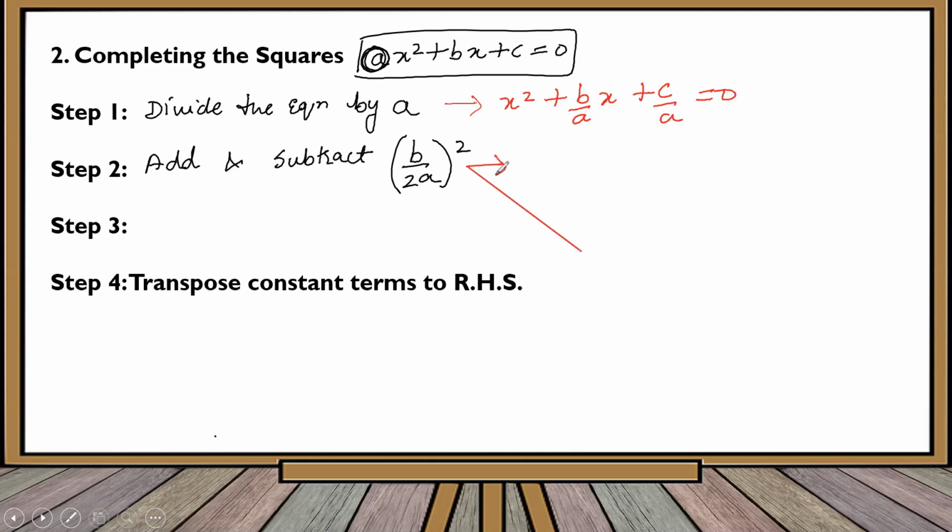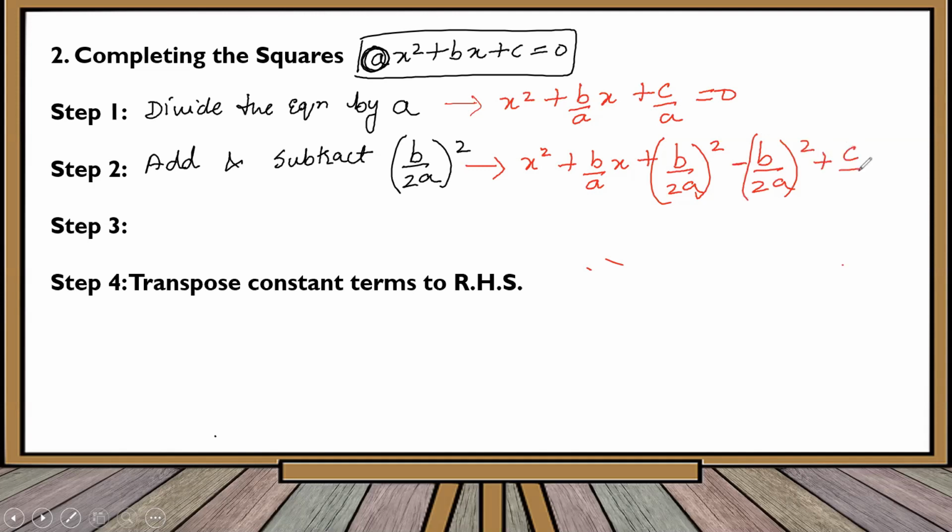Let's see. So x square plus b by a x plus b upon 2a whole square minus b upon 2a whole square plus c upon a equal to 0.